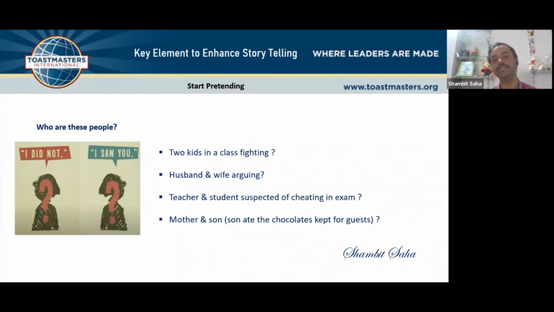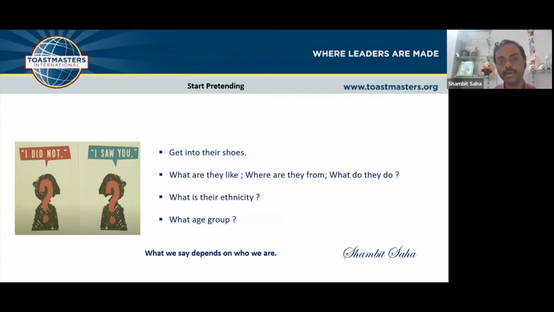The moment you start pretending, and this is your second skill, eavesdrop and then start pretending, putting in these dialogues. And it's okay if you don't get it the first time, right? Some other things you need to do to start pretending is get into their shoes. What are they like? Where are they from? What do they do? What is their ethnicity? What is their age group?